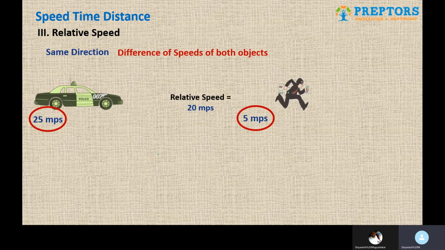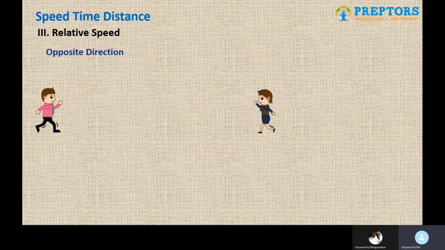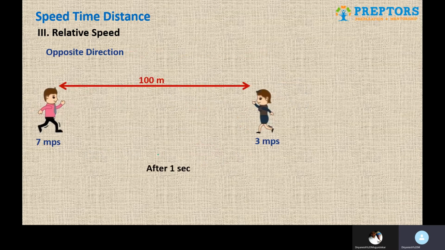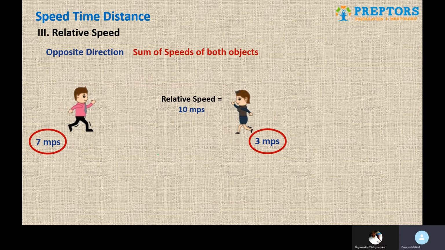Whenever objects are running in the same direction, relative speed is the difference of both the speeds. And obviously vice versa, whenever objects are running in the opposite direction, relative speed is the sum of both the speeds. Those are the two pointers that you should remember.